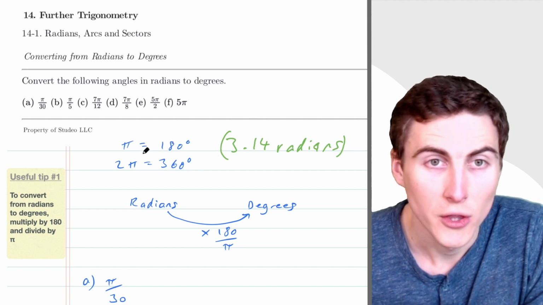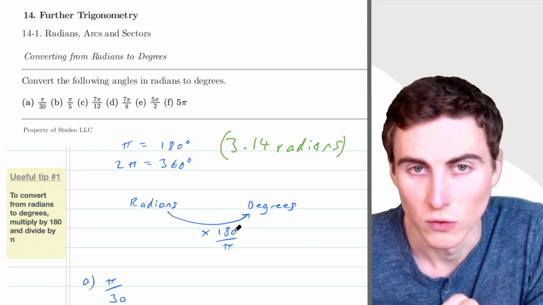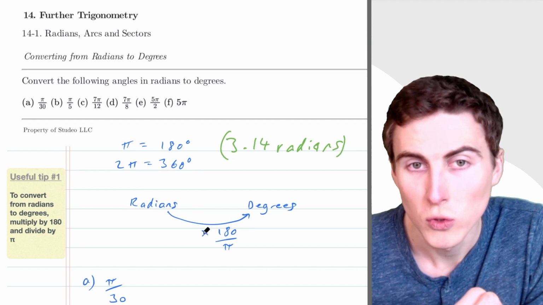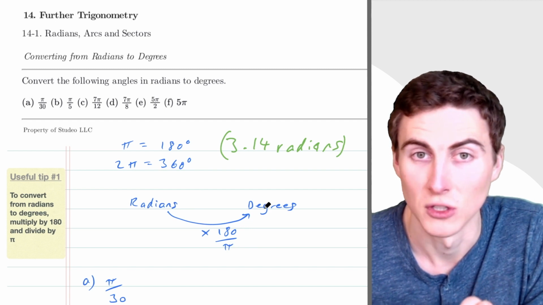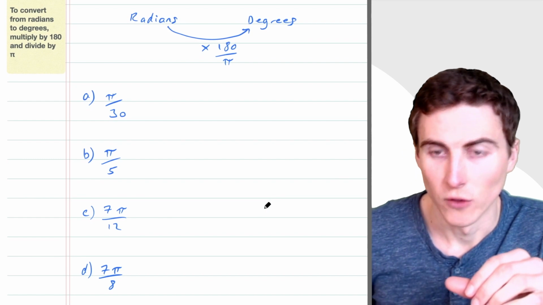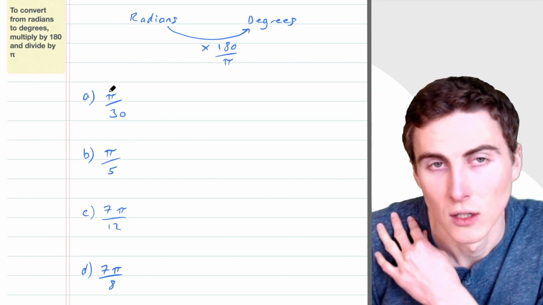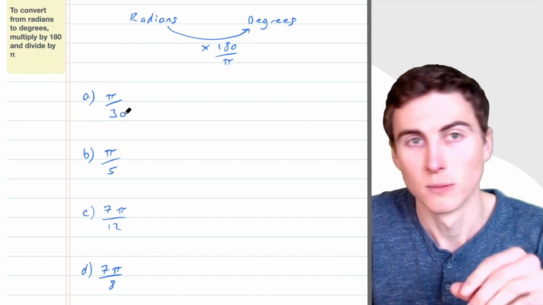Other than using these as models to work other things out, we can also use this conversion: if you're given something in radians, you multiply it by 180 over pi, and that will convert it to degrees for you. So if we scroll down and look at this first one, we have pi over 30, and we need to convert this into degrees.